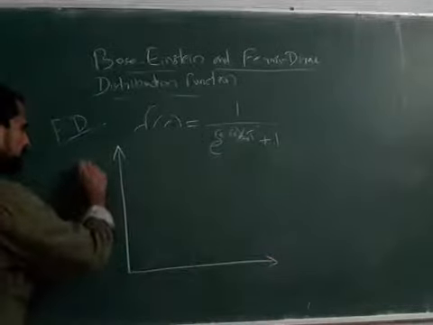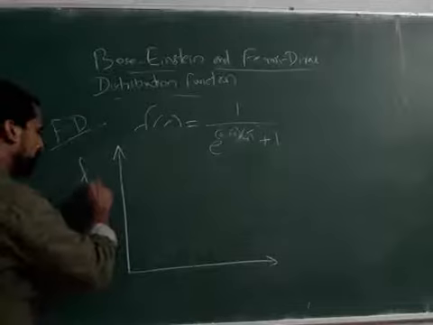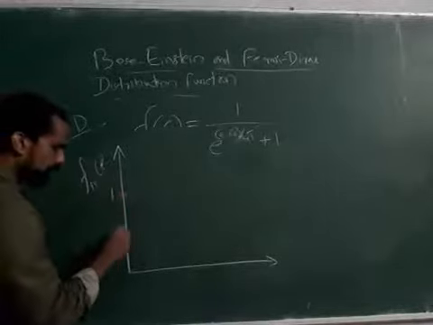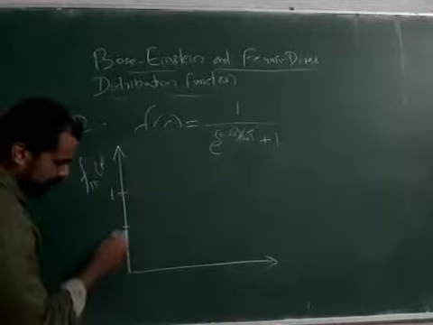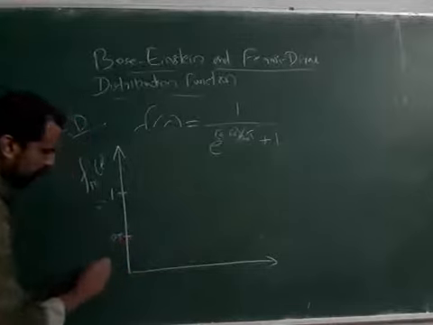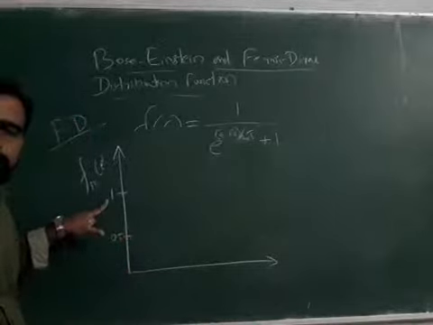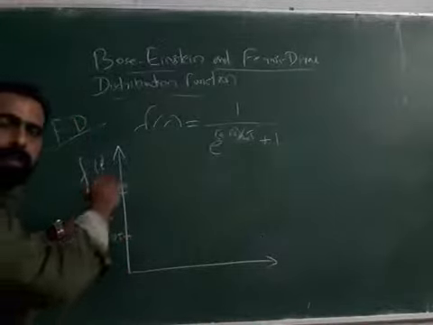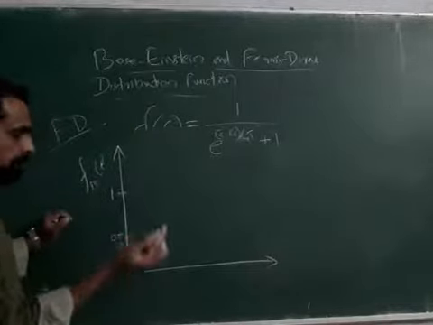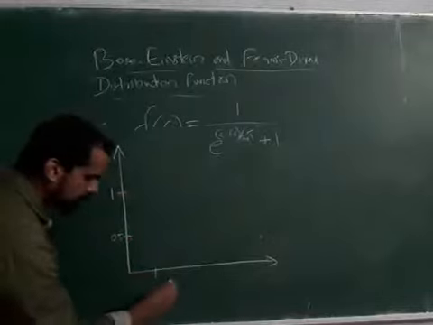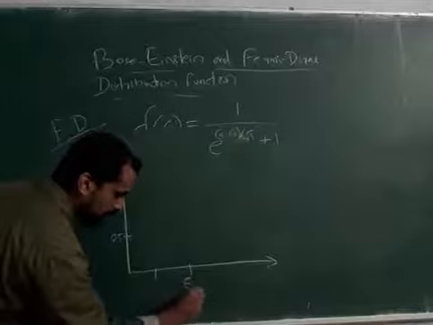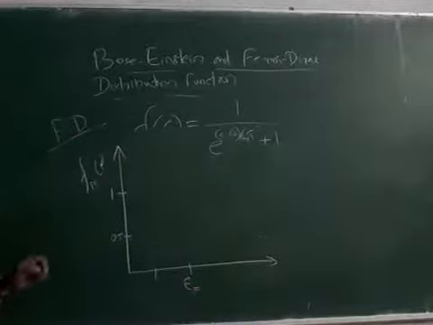This is your f_FD of epsilon, and this is 1, and this is maybe 0.5, because the maximum value is 1; more than 1 you don't have any probability for the fermions to occupy. And here this is my epsilon, the Fermi energy.